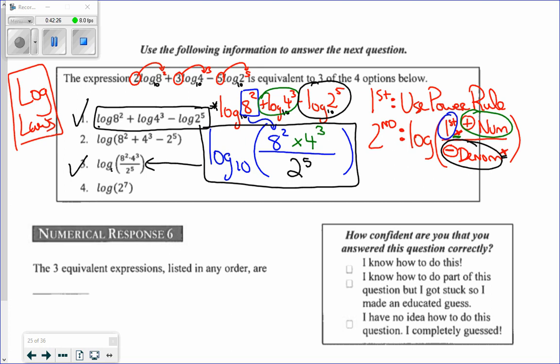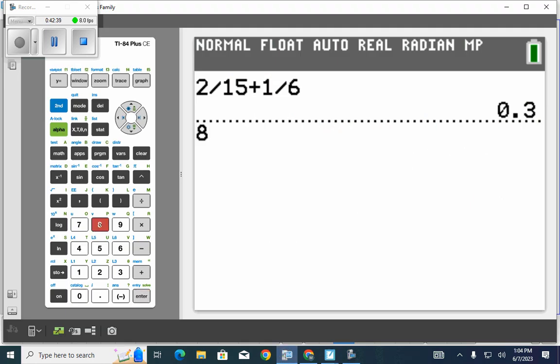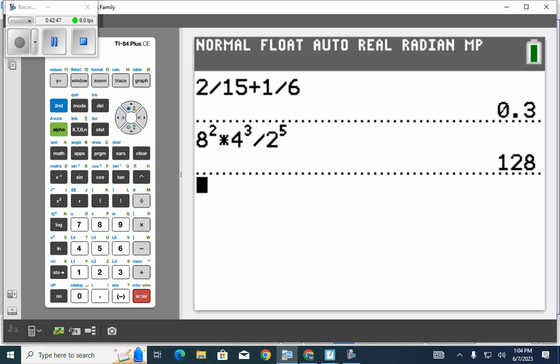Now, if you punch this into your calculator, just that. So 8 squared times 4 cubed divided by 2 to the fifth. I get out 128.